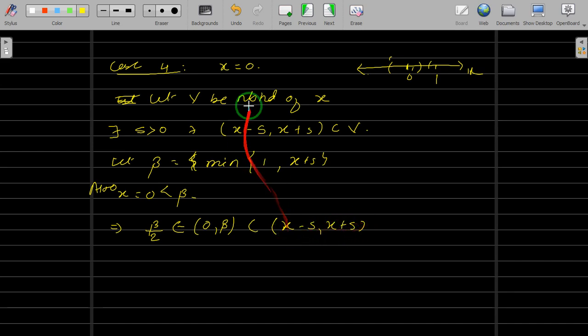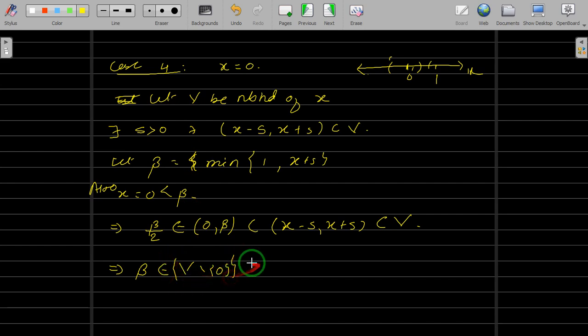In fact, we have taken x equals 0, so this is nothing but the open interval (minus s, s), and this is contained inside V. So even if you remove that point, it will still be non-empty. That means beta is a point in V, and even if you remove 0, which is nothing but x, there is no problem.